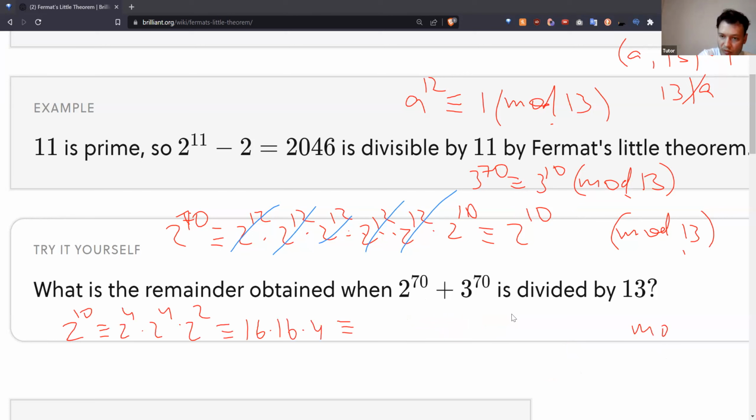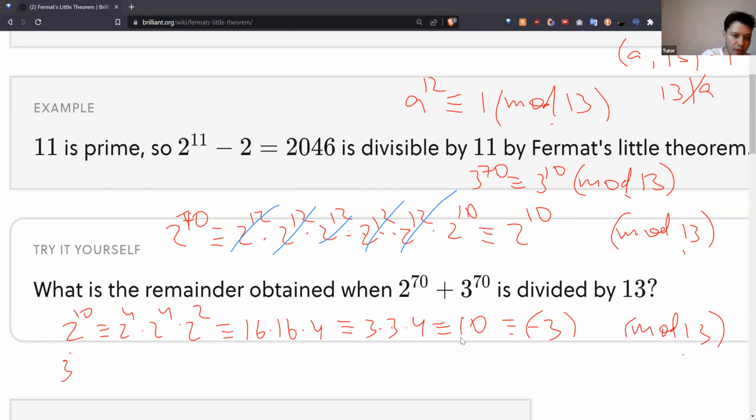Well, 16 is congruent with 3, so I can write this as 3 times 3 times 4, which is 9 times 4, which is 36. 36 is 26 plus 10, so this is congruent with 10 mod 13. So I got that this is congruent with 10, and the other is congruent with minus 3 mod 13.